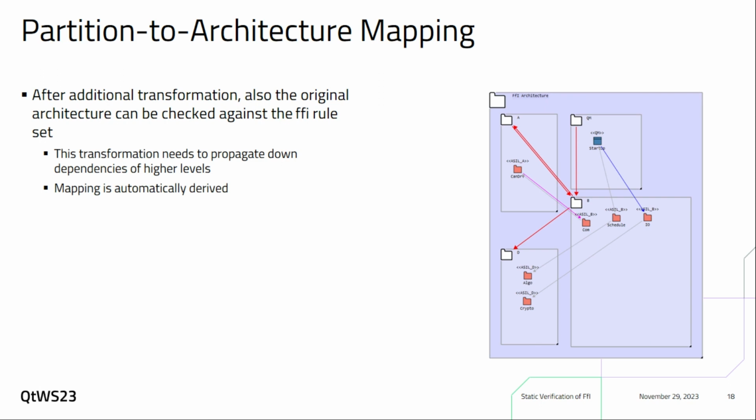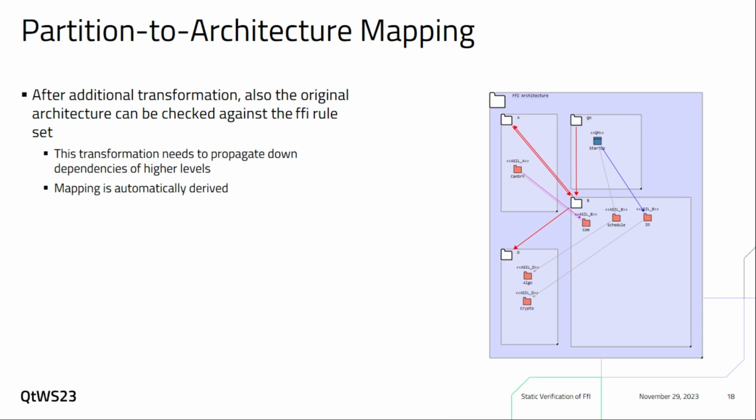So we can transform the architecture model also into such a partition architecture. There is a QM level, and these are the architecture elements that were marked as QM. So they are allocated here. Those were marked ASIL B, so they are allocated into the level B.